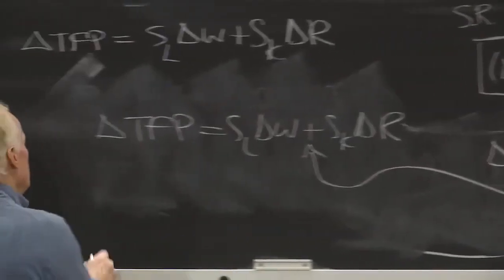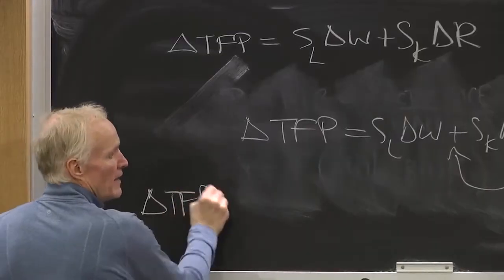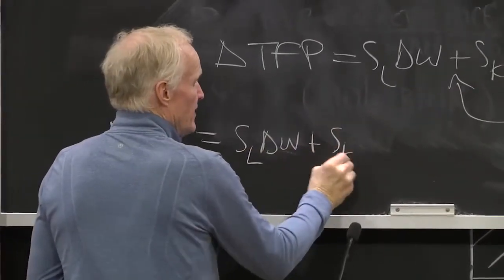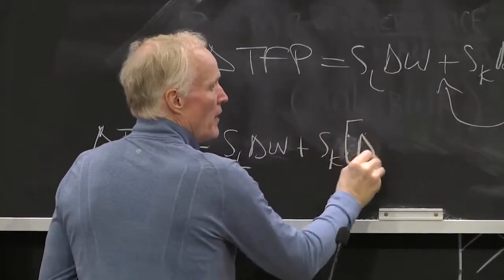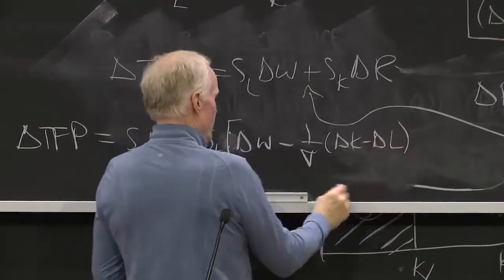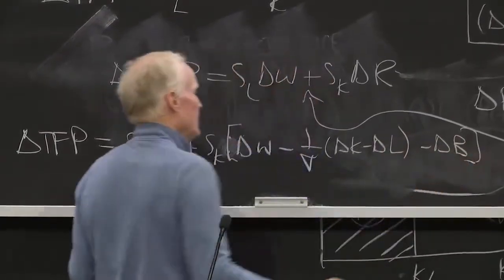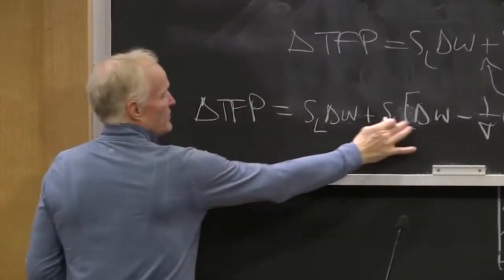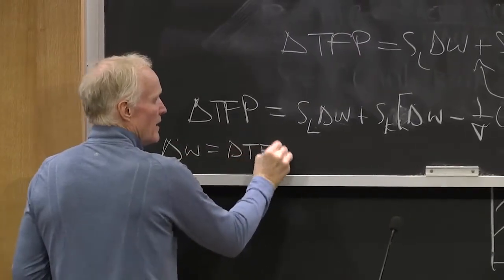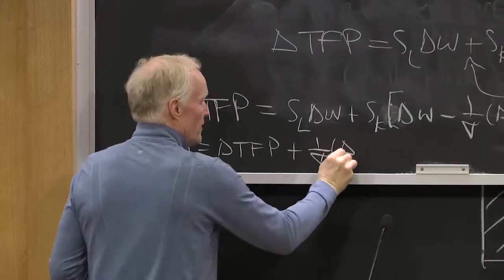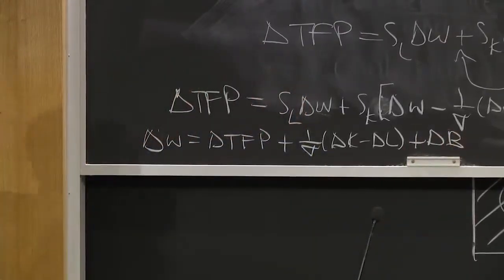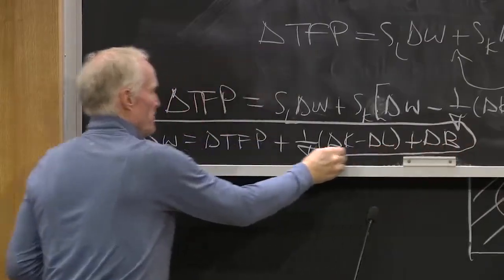Add in here delta TFP equals S_L delta W plus S_K delta R, I'm sorry, delta W minus 1 over sigma, delta K minus delta L. So delta W equals delta TFP plus 1 over sigma delta K minus delta L plus delta B. And that's probably the formula we should start with.